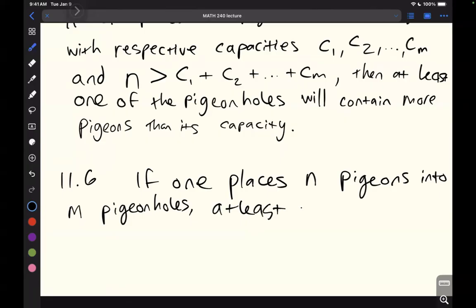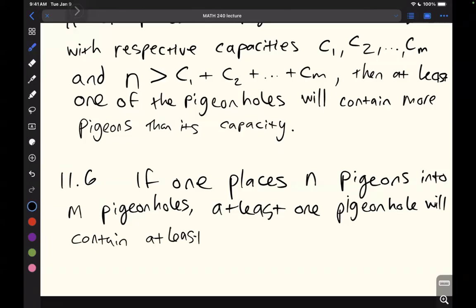So at least one pigeonhole will contain at least the floor of (n minus 1) over m, plus 1 pigeons.